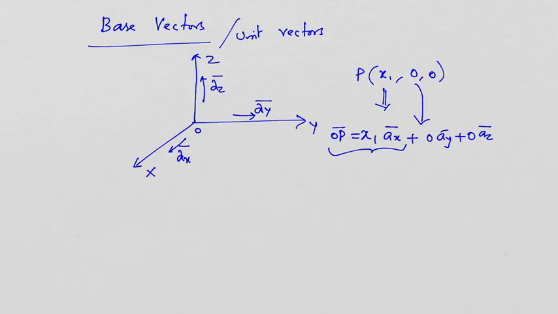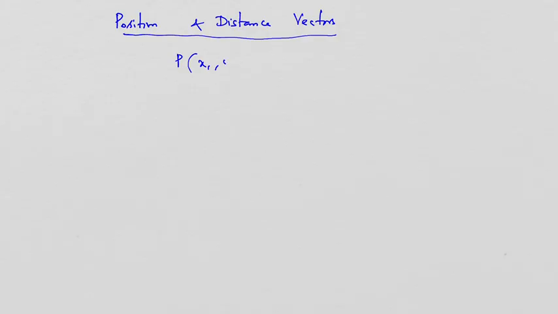Similarly, I have a position vector, or let me call this a distance vector. For example, consider a point P whose coordinates are x1, y1 and z1 in a Cartesian coordinate system. So the position vector of point P can be represented by the distance of this point from the origin, or it can be called the vector directed from the origin to the point P, or it can be called the radius vector.